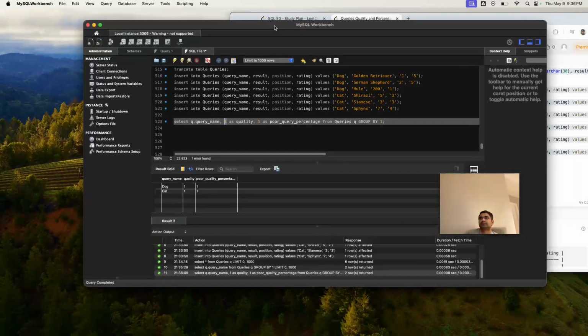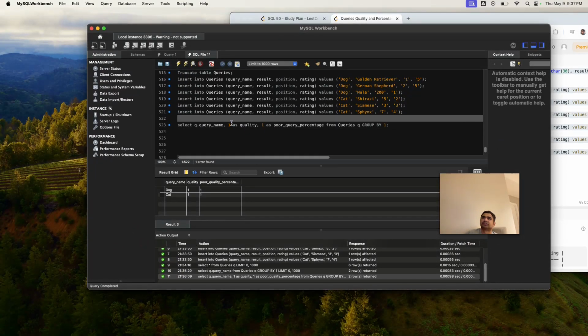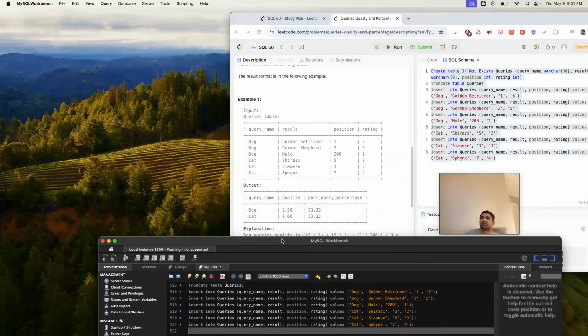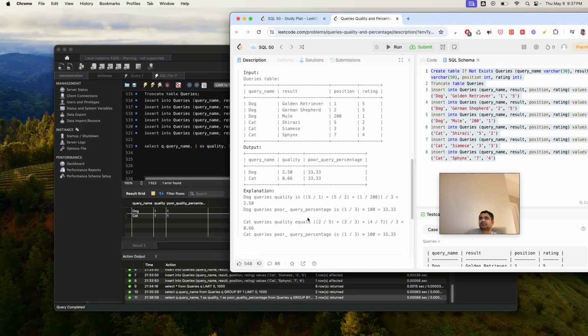Everywhere it's rounded to two decimals. That's fine, we don't need to care about that. From the description, again you need to go back and see how you will calculate the quality and the poor query percentage, which is like 1 by 3.